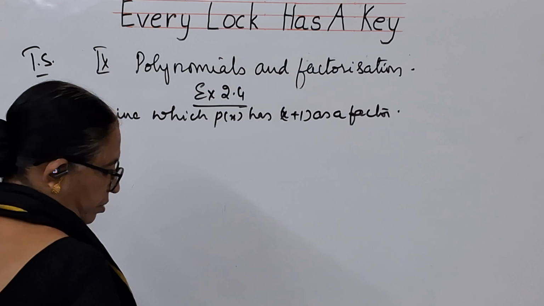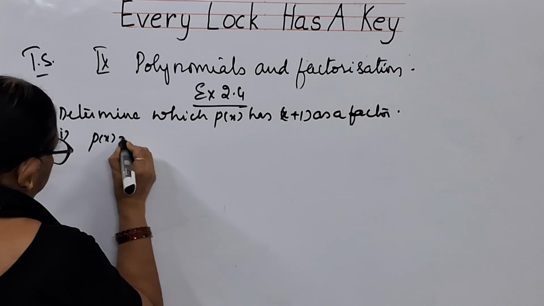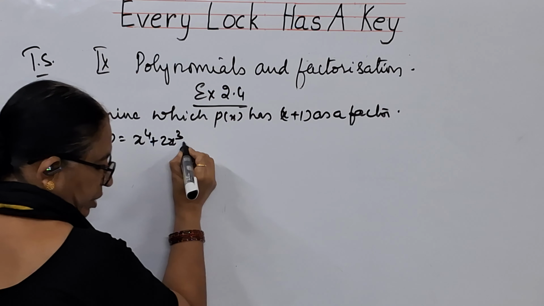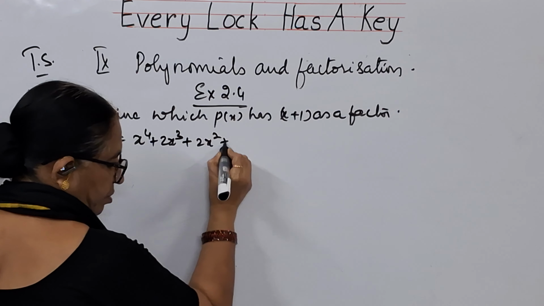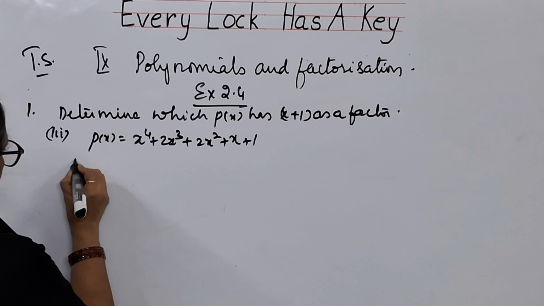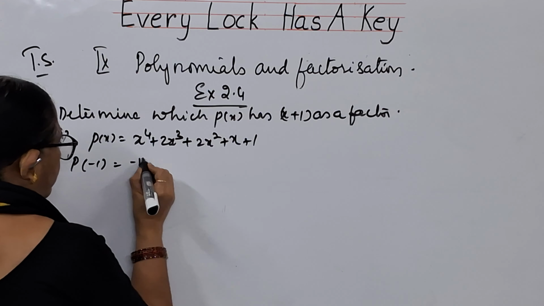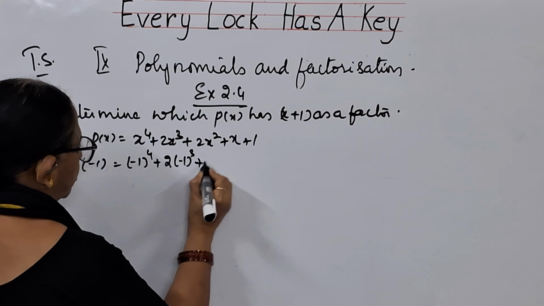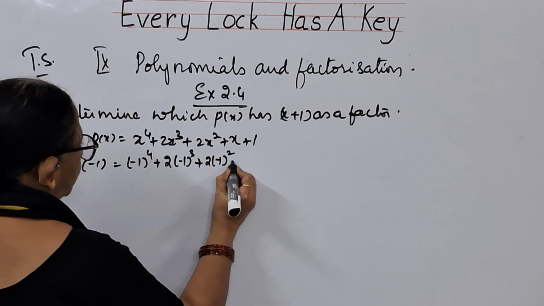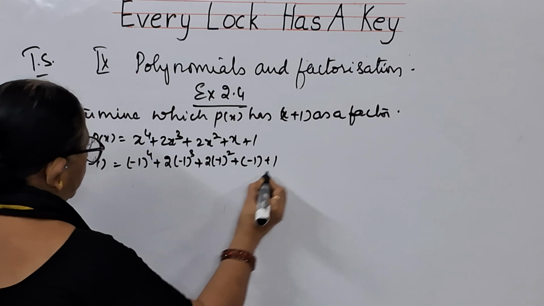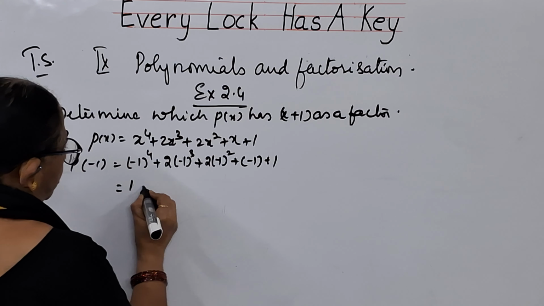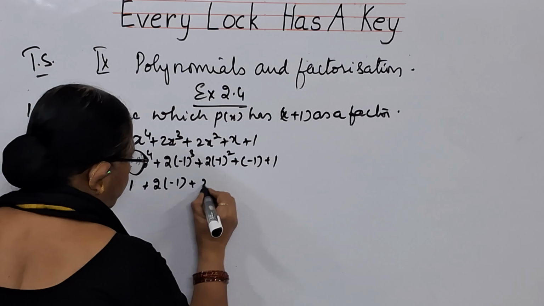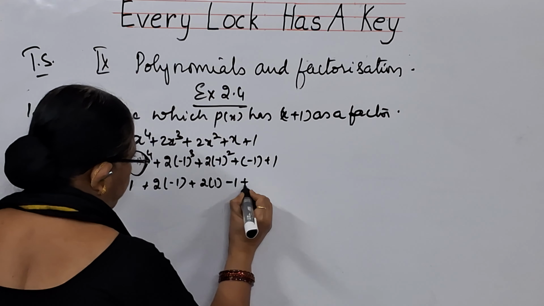The third bit is P of x is equal to x to the power of 4 plus 2x cube plus 2x square plus x plus 1. Now go for P of minus 1. Minus 1 whole to the power of 4 plus 2 into minus 1 whole cube plus 2 into minus 1 whole square plus of minus 1 plus 1. This is 1. Plus 2 into minus 1 whole cube is minus 1, plus 2 into 1, minus 1, plus 1.